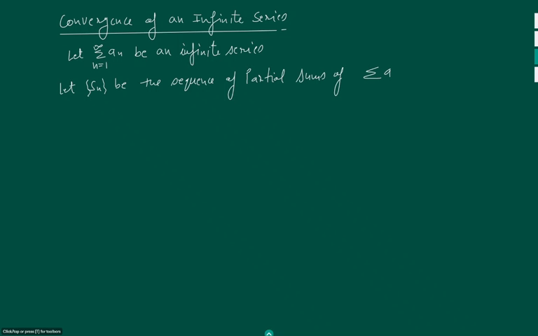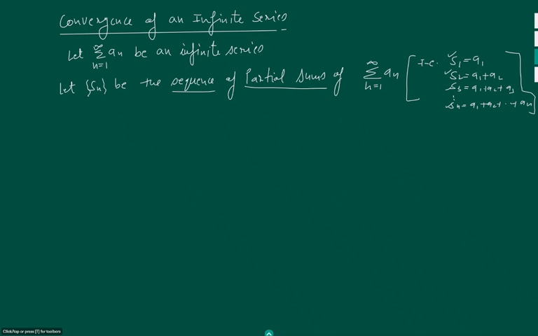That means we have got a sequence whose first term is a1, second term is a1 plus a2, third term is a1 plus a2 plus a3, and similarly nth term is a1 plus a2 plus a3 plus up to a_n. So let S_n be the sequence of partial sums of this series.